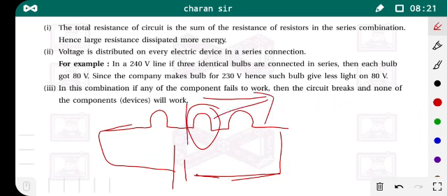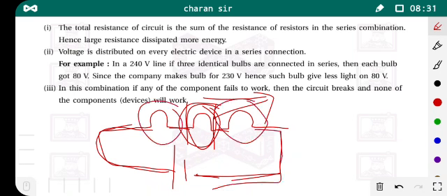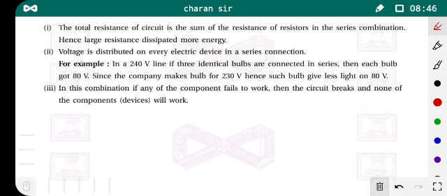So from here this circuit is broken. So now you do not get a closed circuit. That means these two bulbs do not work now because this bulb is damaged. So the circuit is broken from here, and these two bulbs are not doing the work. Okay, so this is the third disadvantage of series combination of resistors.